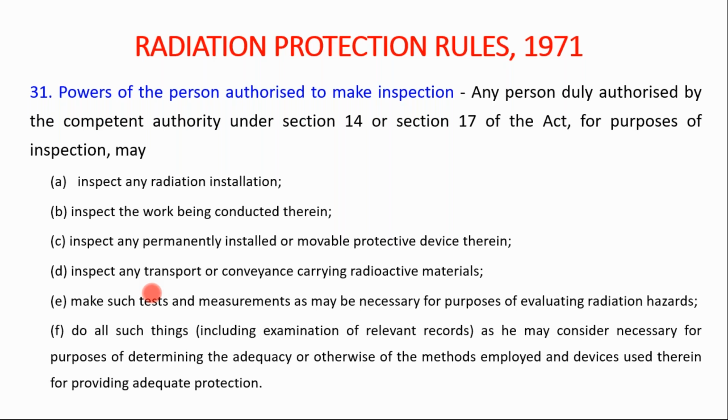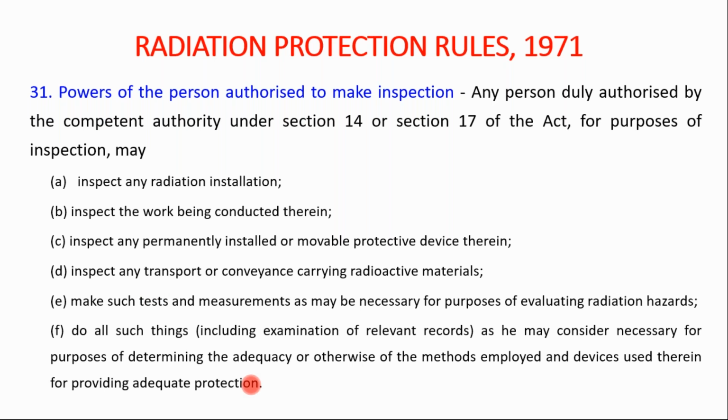Do all such things, including examination of the relevant records, as he may consider necessary for the purpose of determining the adequacy or otherwise of the methods employed and devices used therein for providing adequate protection.